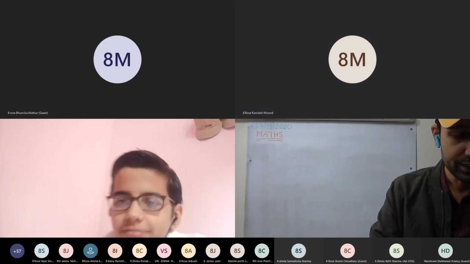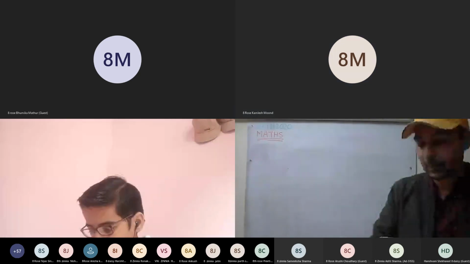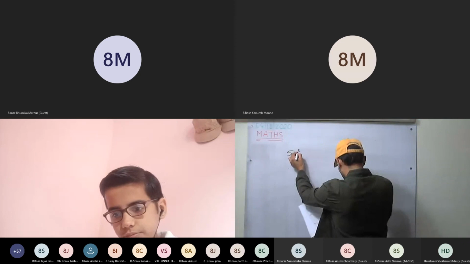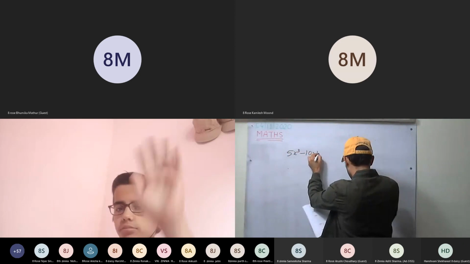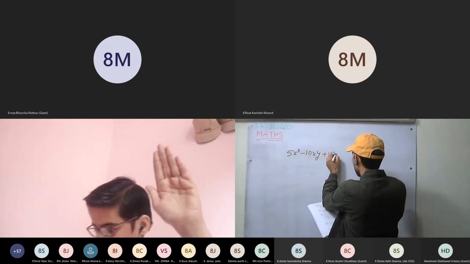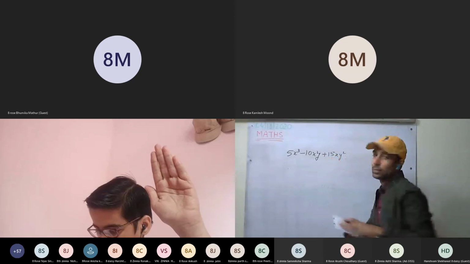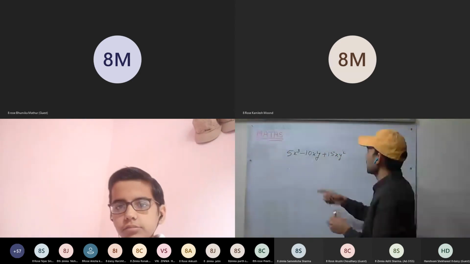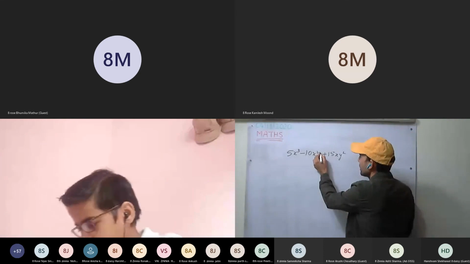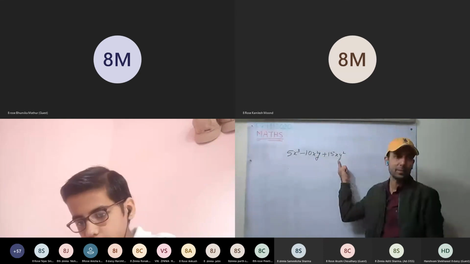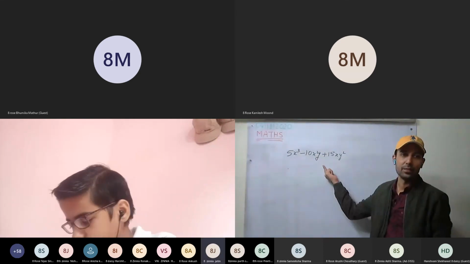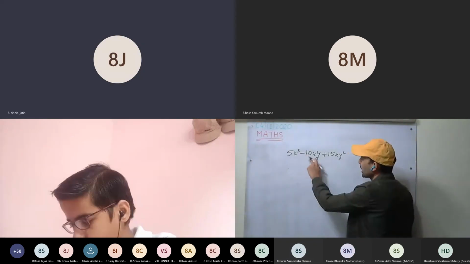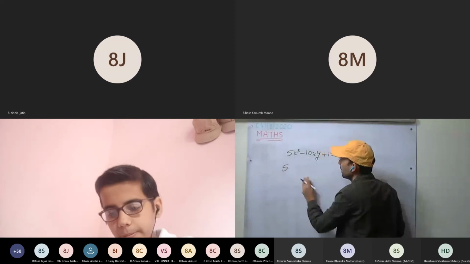Okay. So next question, 5x cube minus 10x square y plus 15x y square. Okay, Jatin, this is for you. Solve this one. Factorize. Sir, first we take 5x common. Okay, so first among the constants we will take 5 common.